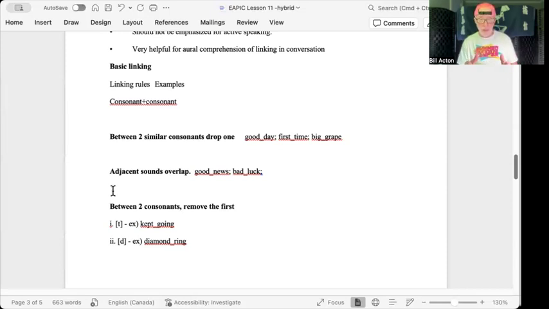The same idea though. It's going to be good news, good news, good news, bad luck, bad luck. Now, you're not saying luck, luck. You're just really saying bad and luck.